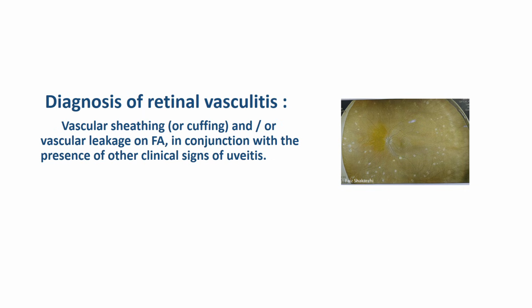Therefore, the diagnosis of retinal vasculitis requires the presence of vascular sheathing or cuffing and/or vascular leakage on fluorescein angiography in conjunction with other clinical signs of uveitis, such as vitritis, retinitis, or choroiditis.